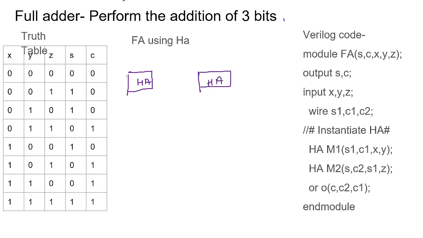The full adder performs 3-bit addition. Two bits, x and y, I apply to the first half adder, and the third bit I apply to the second half adder. This sum I apply here, and this carry I forward here. So this will produce one sum and one carry.